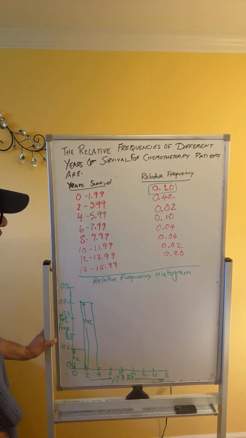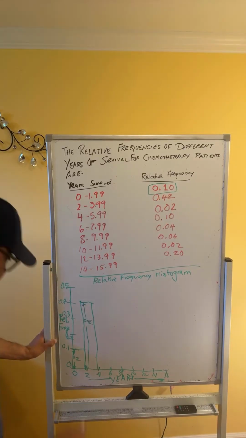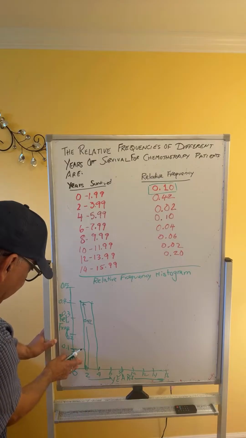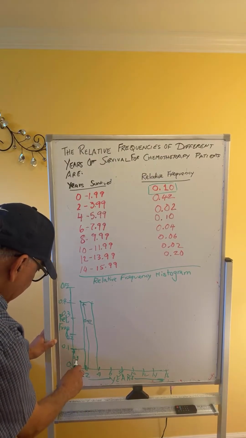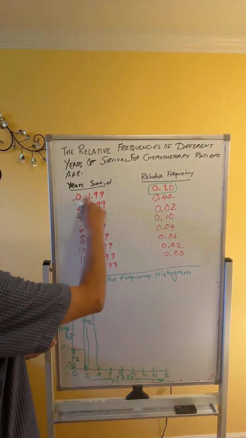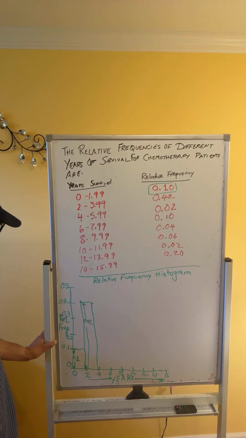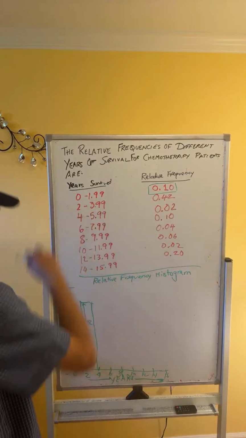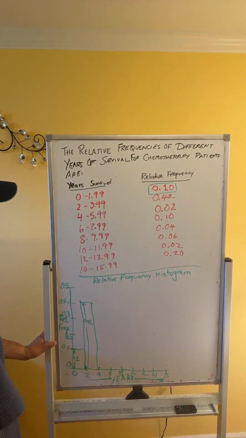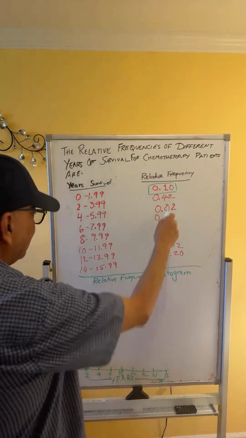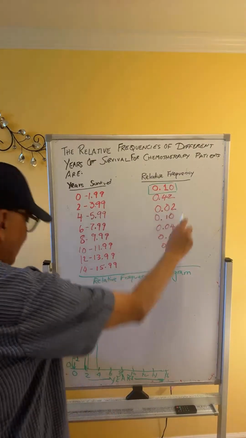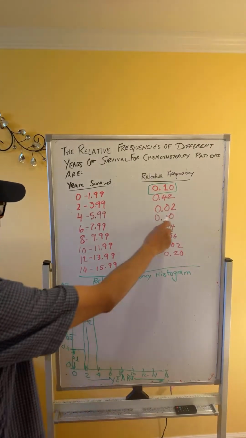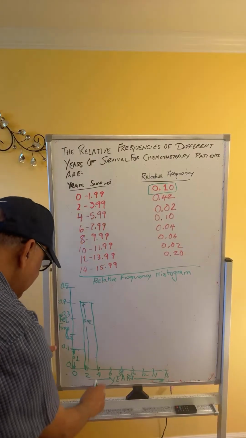The height of the bar between 0 and 2 is 0.1 because the relative frequency in the first class is 0.1. The next relative frequency for the second class between 2 and 4 is 0.42, so the height of that bar is 0.42. Next one is 0.02 relative frequency, that is between 4 and 6.